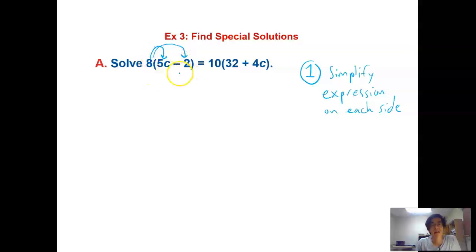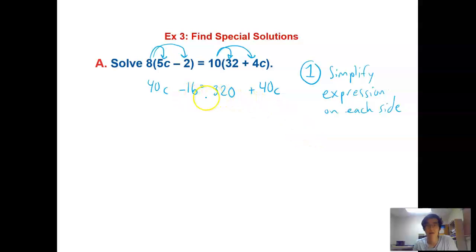And 8 times negative 2 is going to give me 40c minus 16. Okay, and then this 10 is going to distribute to 32 and also multiply and distribute to 4c. So that is going to give me 320 plus 40c.